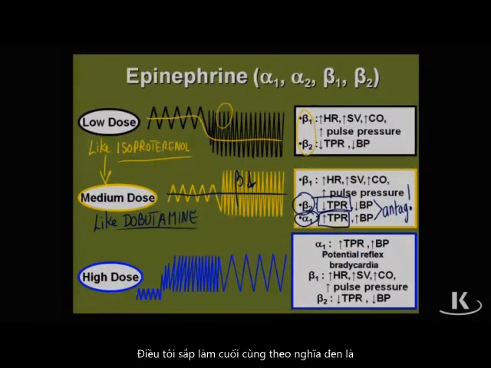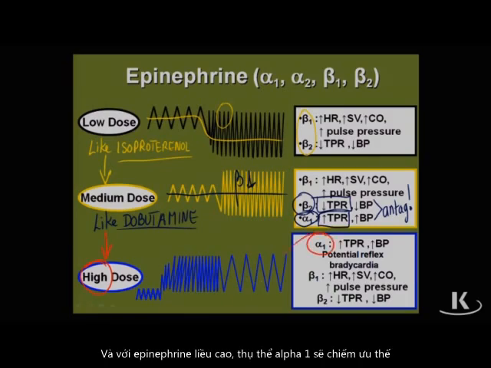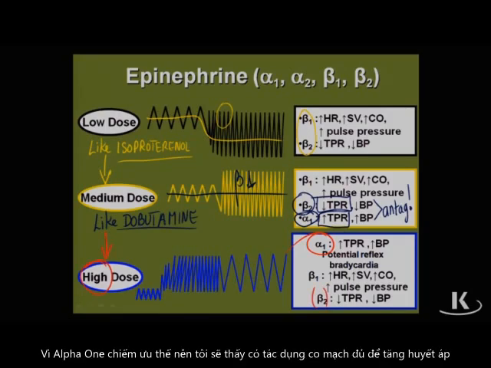What I'm going to do last is literally jack up the dose of epinephrine until it is a high dose epinephrine. And with high dose epinephrine, the alpha-1 receptor will predominate. Even though the beta-2 effect is there trying to vasodilate, because of alpha-1 predominance, I will see enough vasoconstriction to raise blood pressure.